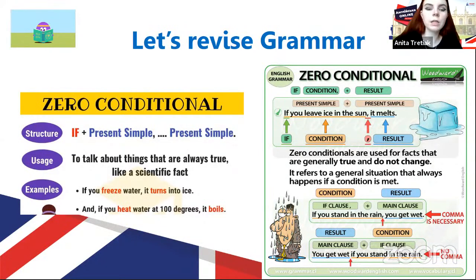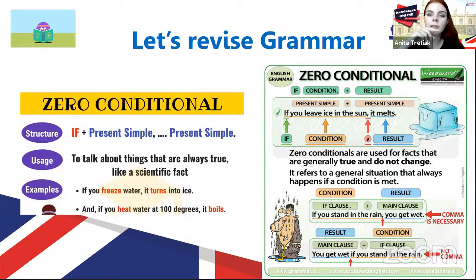So condition, it's the thing, it's like the event, and if this event happens, then the result can happen in real life too. So it means it's like the sequence of events.